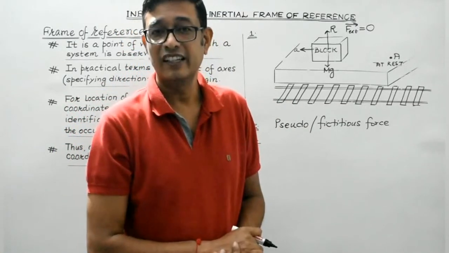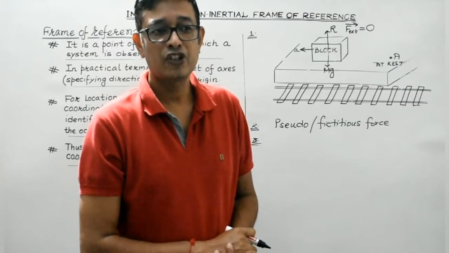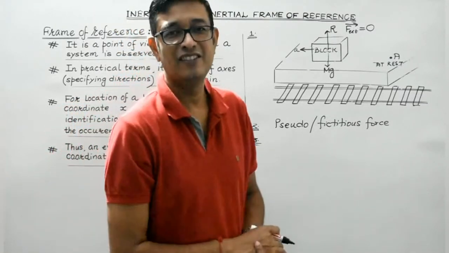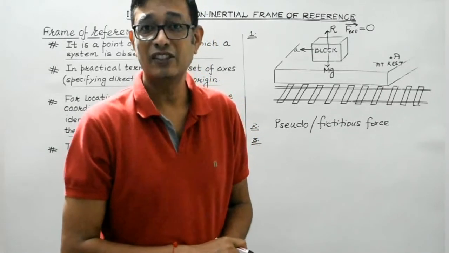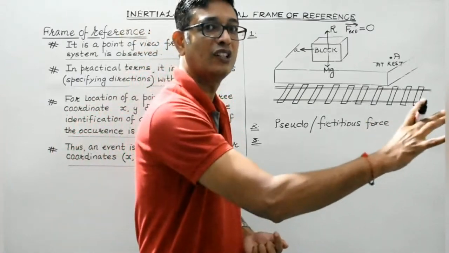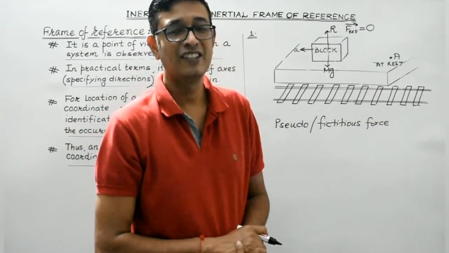Another example, students. Let's consider the case of a passenger sitting in a bus which initially is in motion and the driver of the bus suddenly applies brake. Then we are aware the passenger will experience a force in the forward direction. Isn't it?